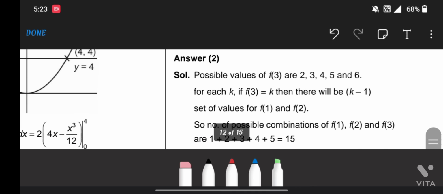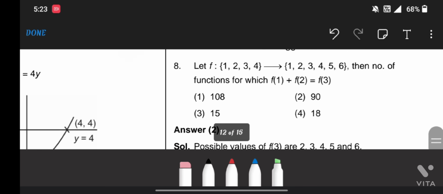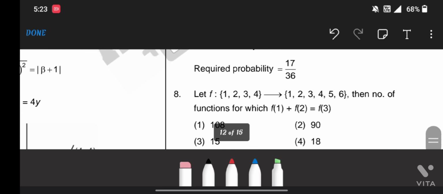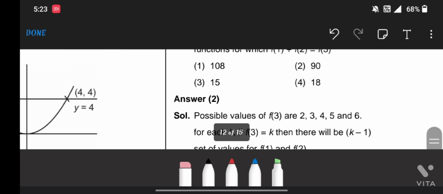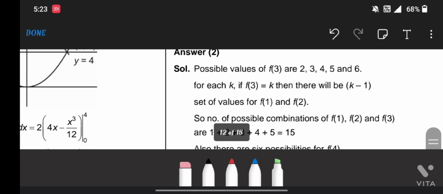Integration from minus 10 to 10 of f(x) cos pi x dx. If we do integration, we'll get plus minus 9 times the integration from minus 10 to 10 of x cos pi x dx. And also we can take 7, 8, 9, 8, like this we can keep on taking.